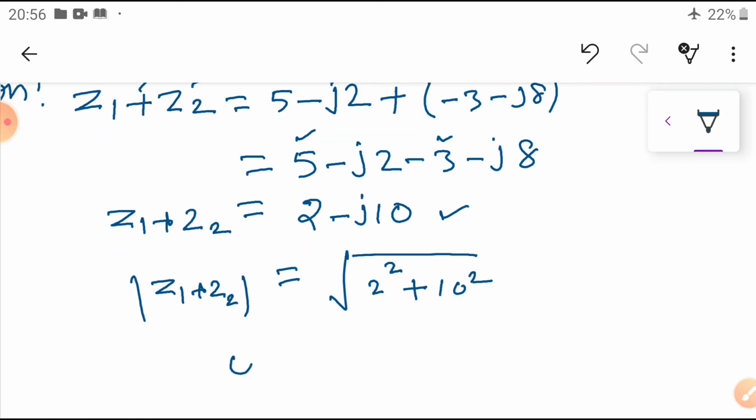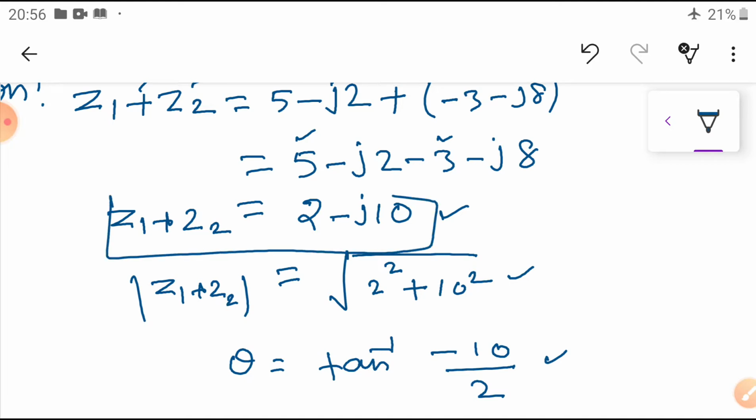Theta is equal to tan inverse of minus 10 by 2. So, we get the angle also if required. Up to this is enough. Okay. So, this is the magnitude and this is the angle. We know this thing.